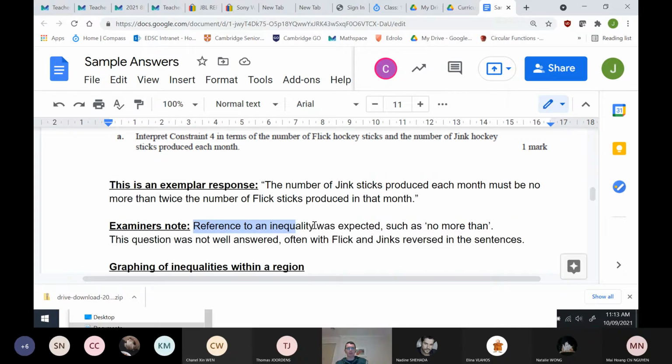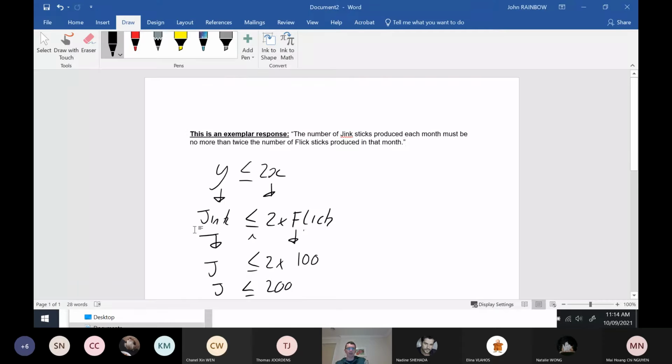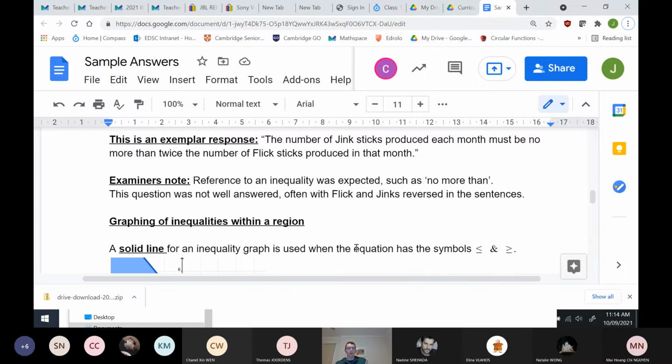So they really wanted you to refer to the inequality such as no more than. This question was not well answered, often with flick and jink reversed in the sentence. A lot of people stuffed it up because they did that hack before where they go, oh, I should make that too, and do the other one with flick. But again, it makes sense how it is here.